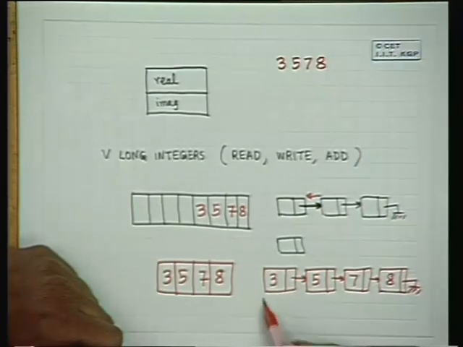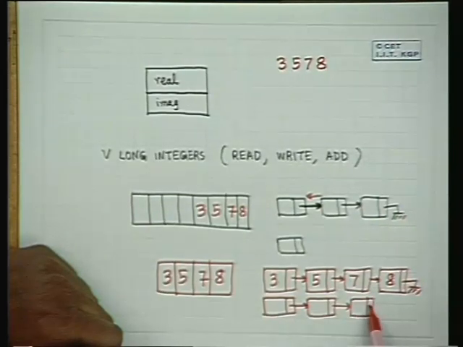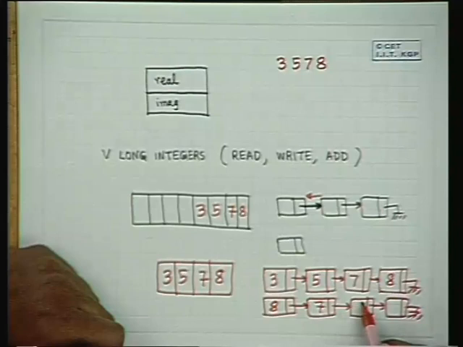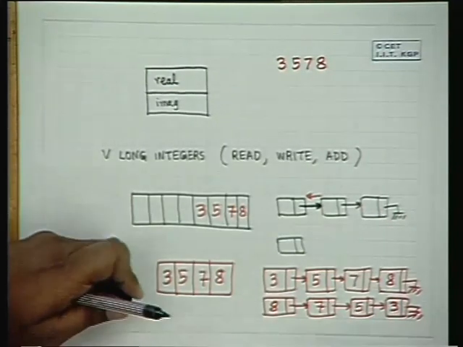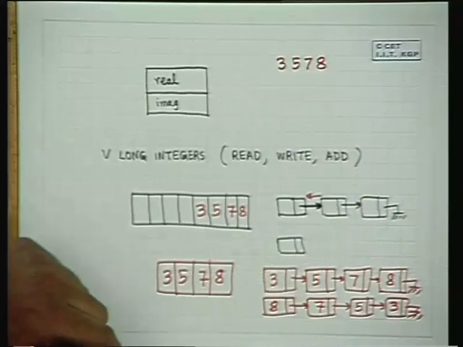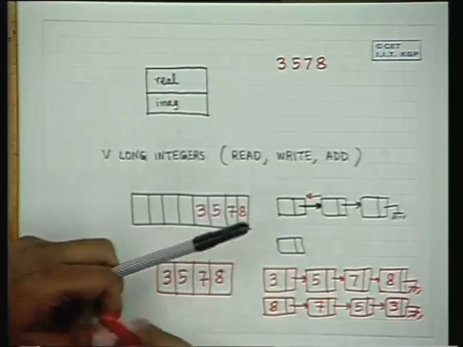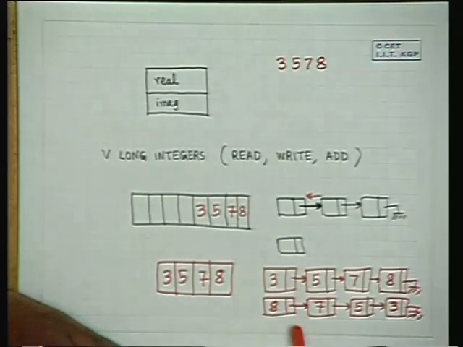The other alternative is 8, 7, 5, 3. These are the two alternatives we can use to store it, or we can use a linked list which has both front and back pointers, which makes it optional. So could you tell me which one we would choose here? The first one or the second one?